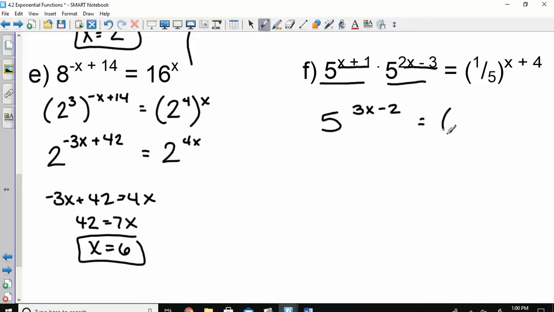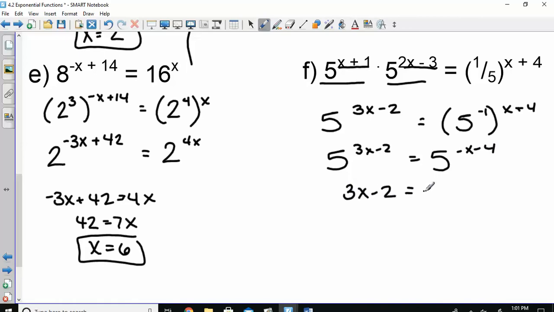Alright, if I'm going to keep the base of 5, how should I rewrite 1/5? So if you distribute that negative, you get negative x minus 4.